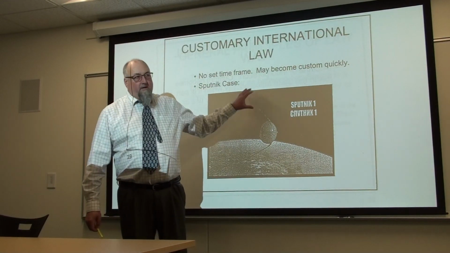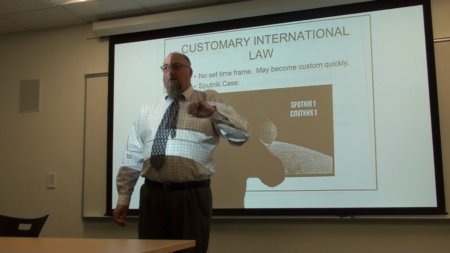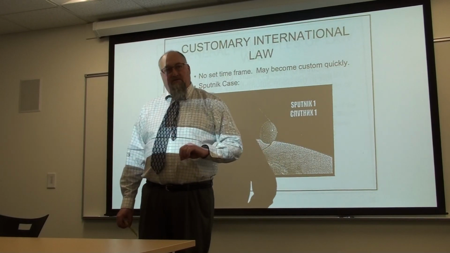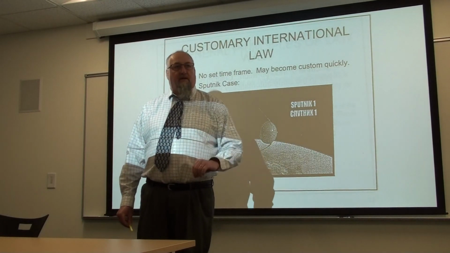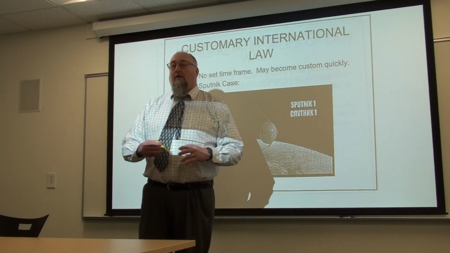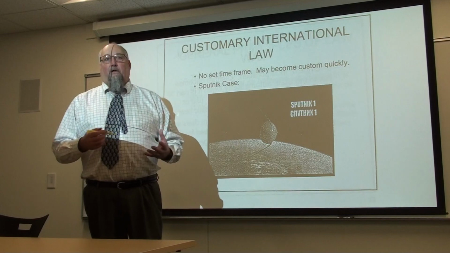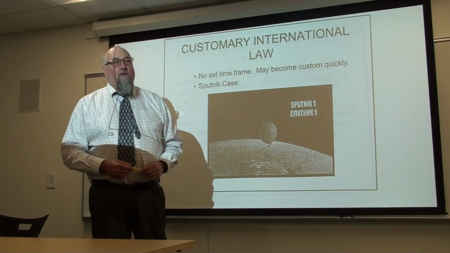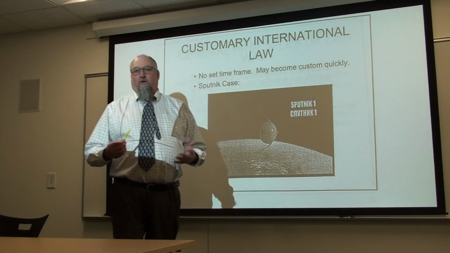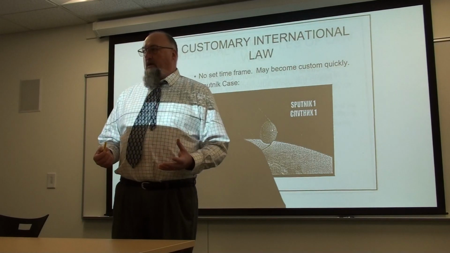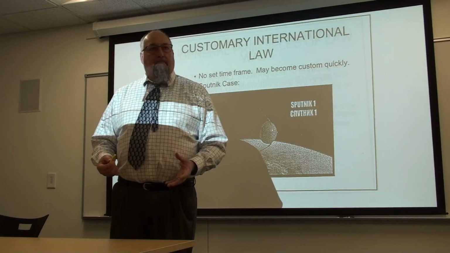So the Sputnik is an example of how international law can really happen instantaneously by the actions of governments. By not shooting it down or taking other retaliatory action, essentially that created the first part of the law of outer space as a matter of customary law.